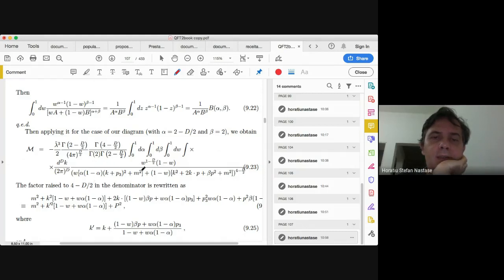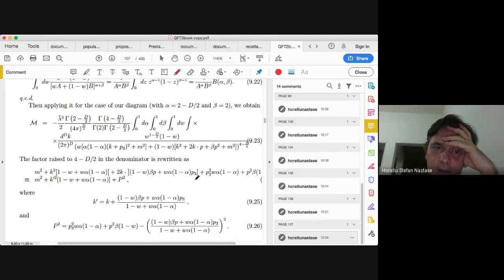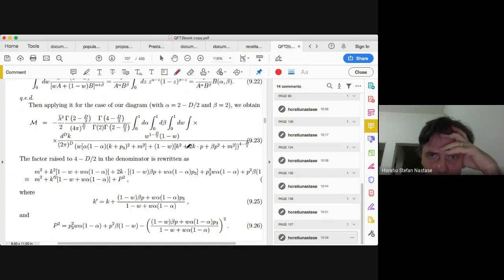So this part is easy. I have just this quadratic part, so k plus p3 squared. But here I have k squared and a linear term, so I have to again shift k by a p-dependent term to cancel this term linear in k inside this whole bracket.